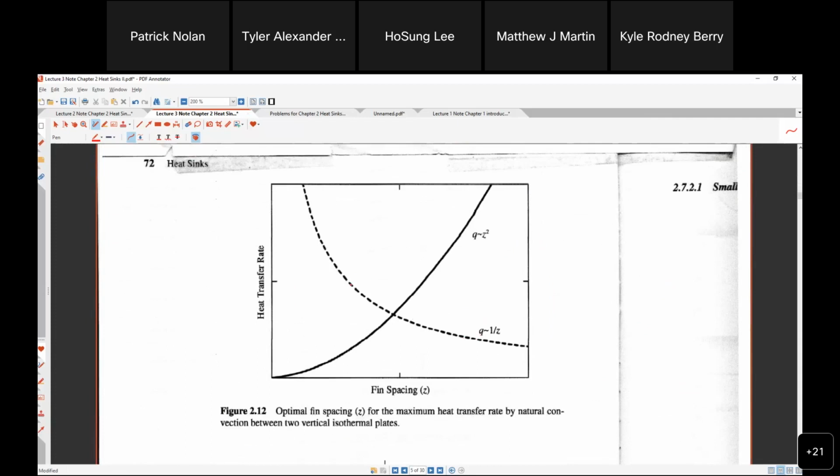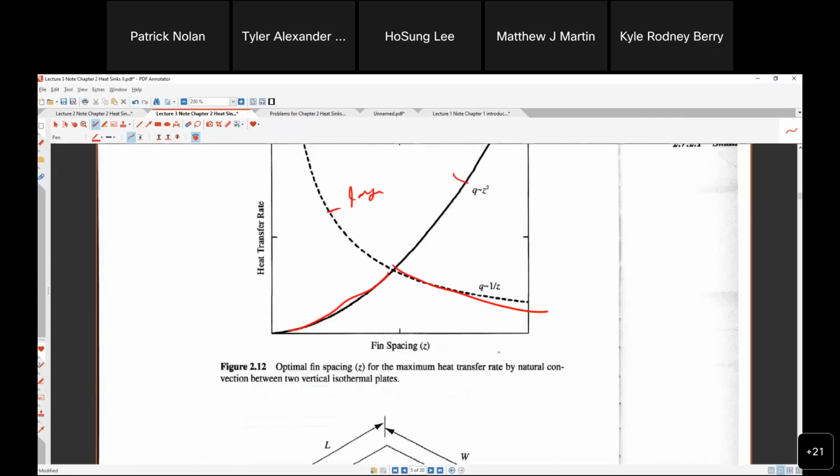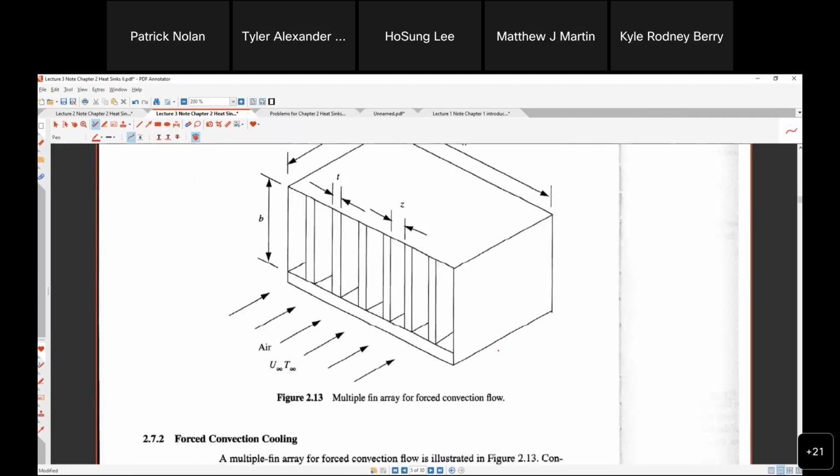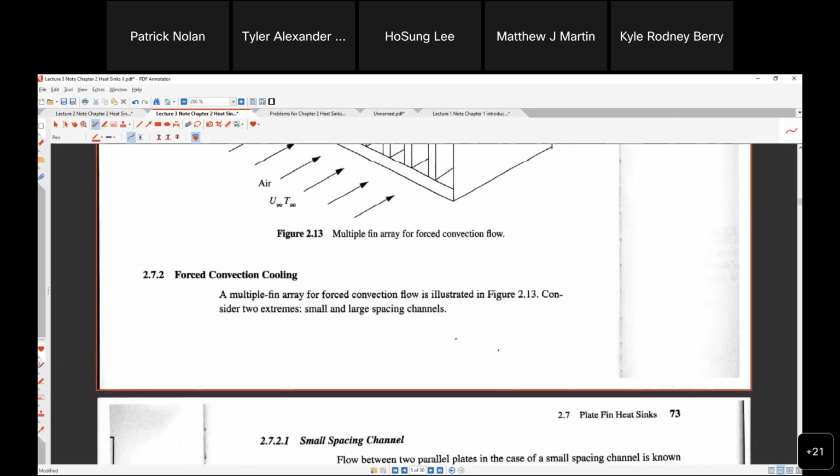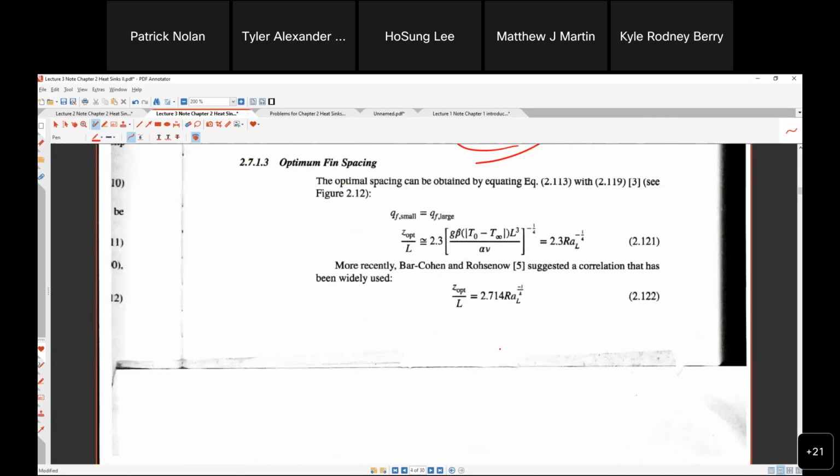This is large. This is small. I told you there are two phenomena. Okay. So I think we figure out equations, equate heat transfer, small and large.